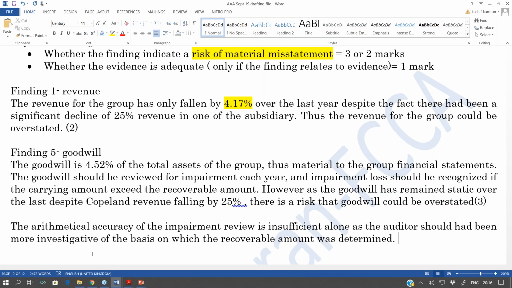Is that true? The arithmetical accuracy of the impairment review is insufficient alone, as the auditor should have been more investigative of the basis on which the recoverable amount was determined.